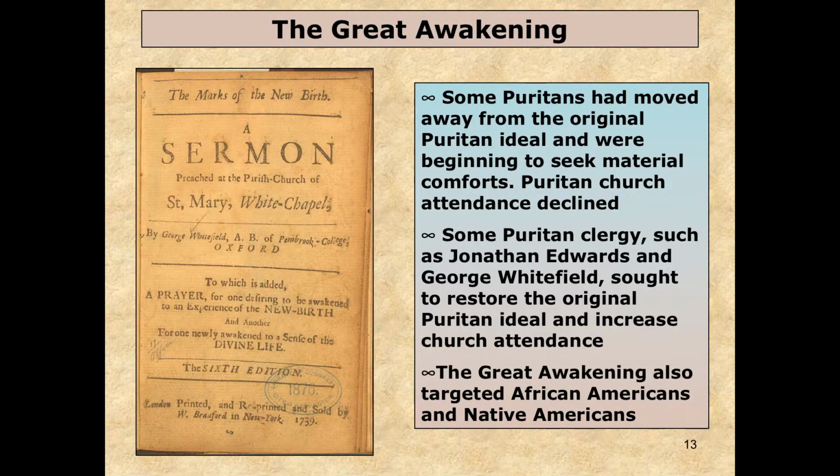What we got now is what's known as the New Lights, okay? This is going to be people like Jonathan Edwards, George Whitefield. And they're going to do things a bit different. Instead of being like, hey, we're Puritans, we hate everybody but you, these guys are more like, hey, we're Puritans, come and hear what we got to say.